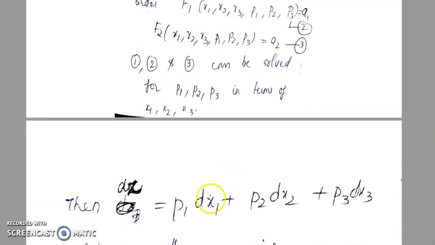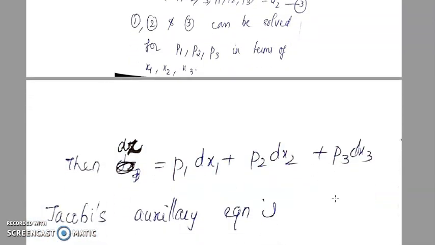That will give us the equation dz = ∂z/∂x1 dx1 + ∂z/∂x2 dx2 + ∂z/∂x3 dx3. Substitute p1, p2, p3 here. On integrating we will get the required solution.